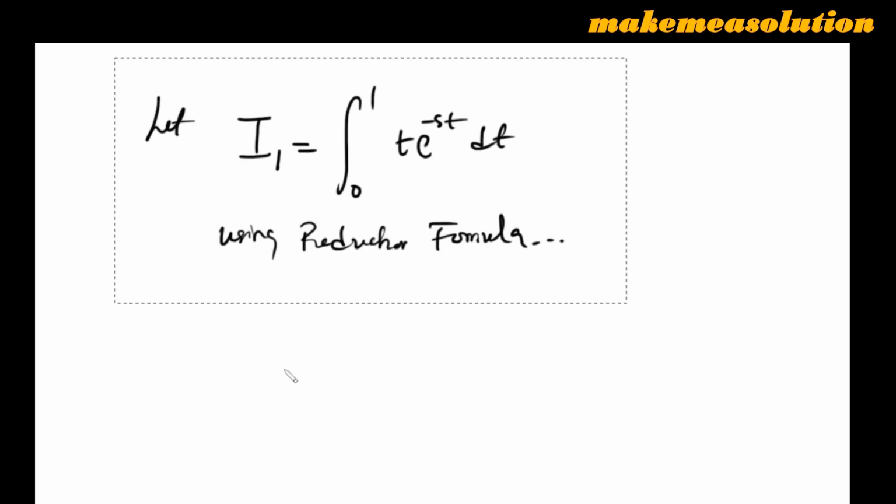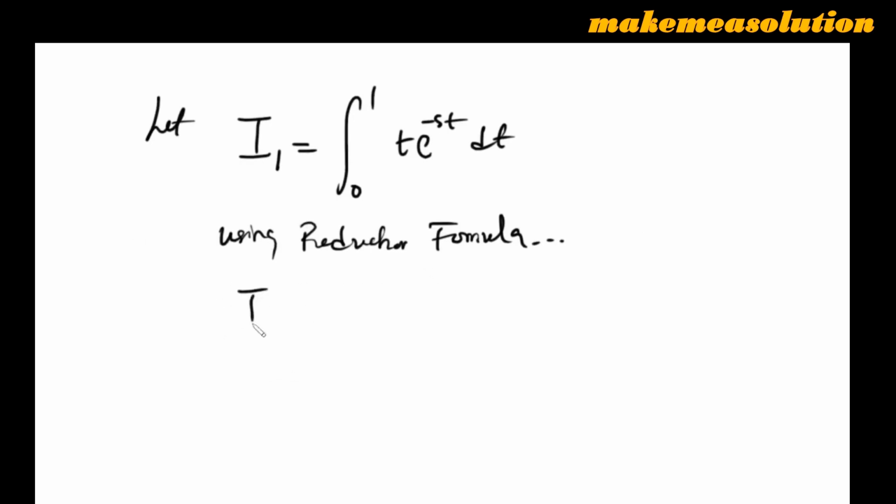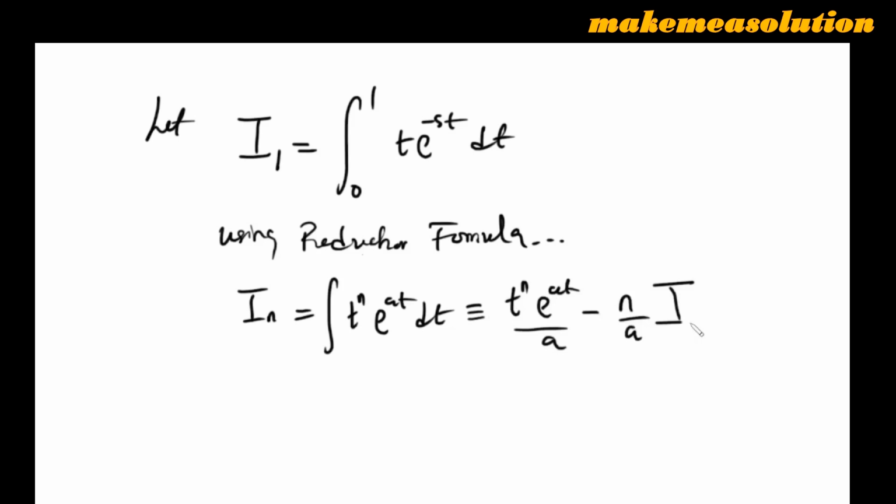So using the reduction formula, our In is given to us as the integral between some limits of t to the n exponential at dt, which evaluates to what? Very good: t to the n exponential at over a minus n over a times I n minus 1. So this is the recurrence relation or the reduction formula.